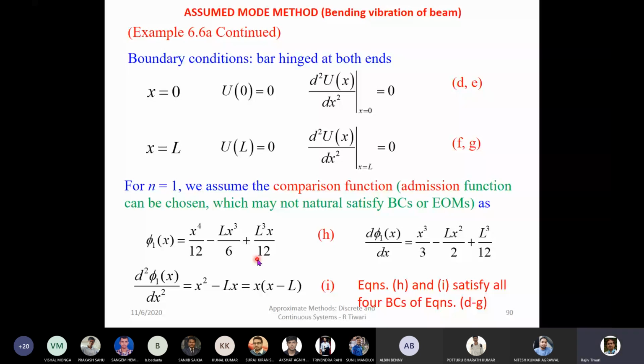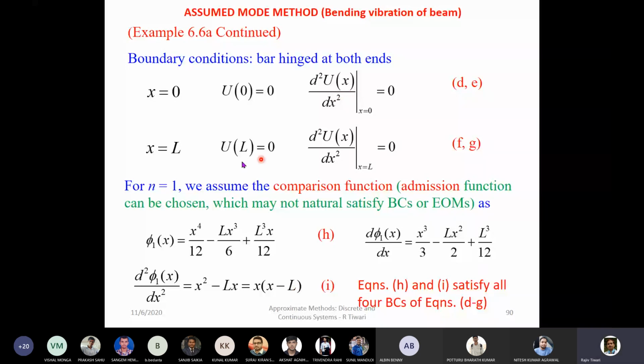For this particular function, we can check that at x equal to 0, this becomes 0. It requires the double derivative. So this is the double derivative of this. Now you can see if we put x equal to 0 here, this becomes 0. So this is satisfying the second boundary condition, which is the natural boundary condition.